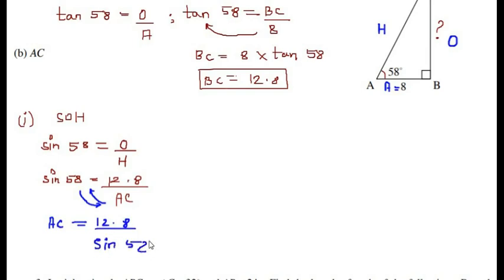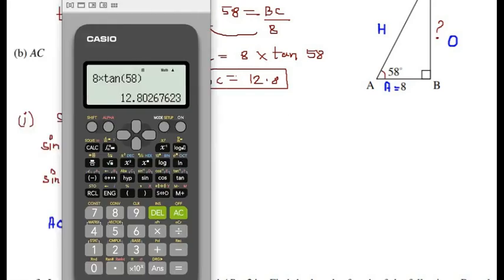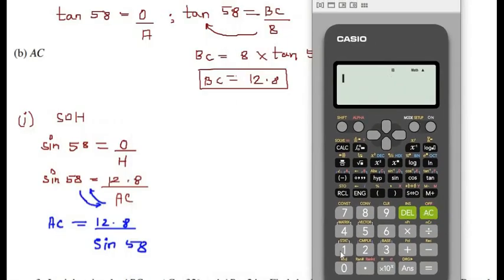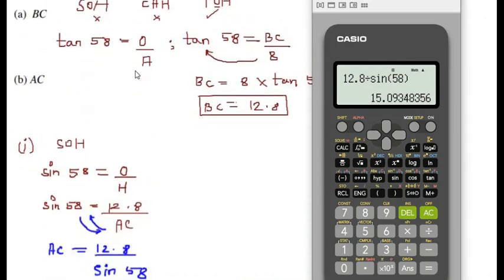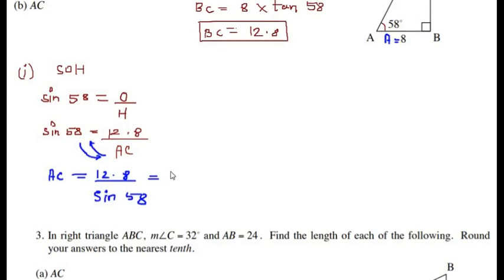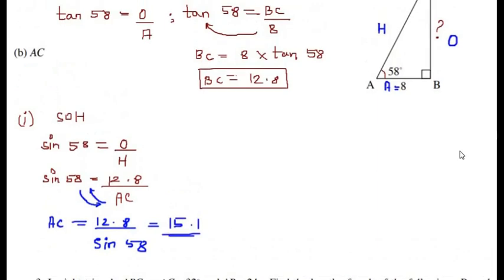Let us see what we get. We have 12.8 divided by sine 58. So we get 15.093. Since they have asked for the nearest tenth, I'm going to round it off to 15.1. So we got the hypotenuse as 15.1.